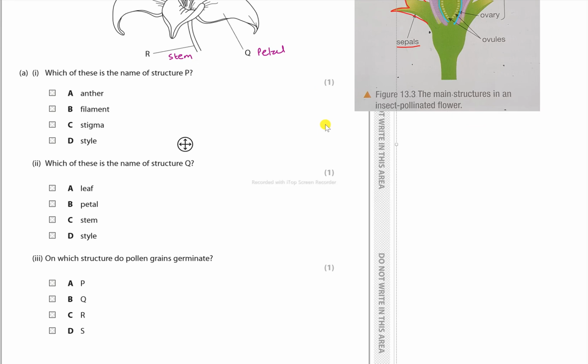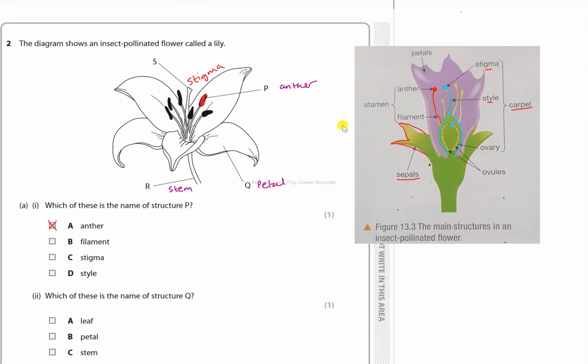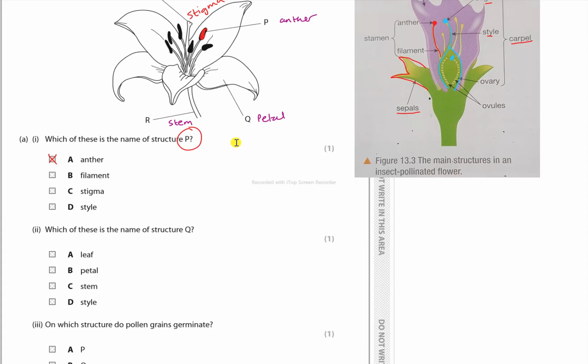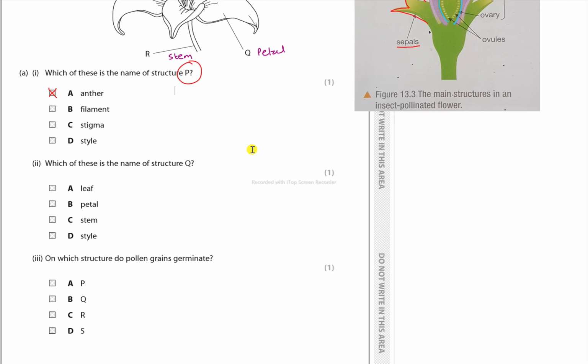Which of these is the anther? Which of these is the name for the structure? Yes, just the petal. On which structure do pollen grains germinate?